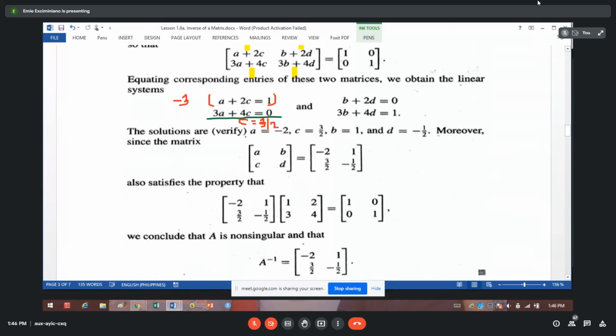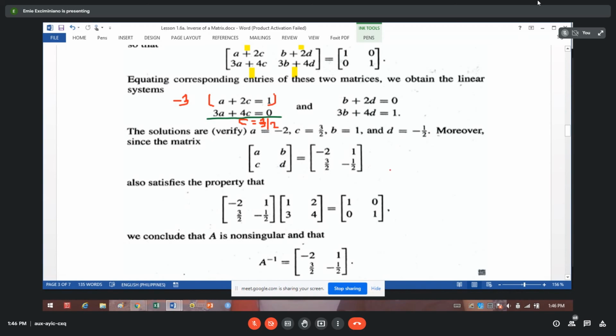That's why we have this A equal to negative 2, C 3 over 2. Huwag kayo magkakamali doon sa pwesto ng mga values nila ha. You put all those values in their respective positions. So B, 1, D is negative 1 half. Ito yung inverse ng A.